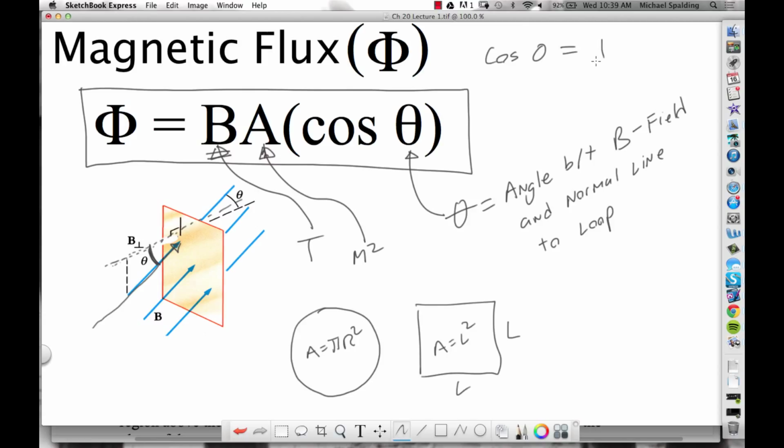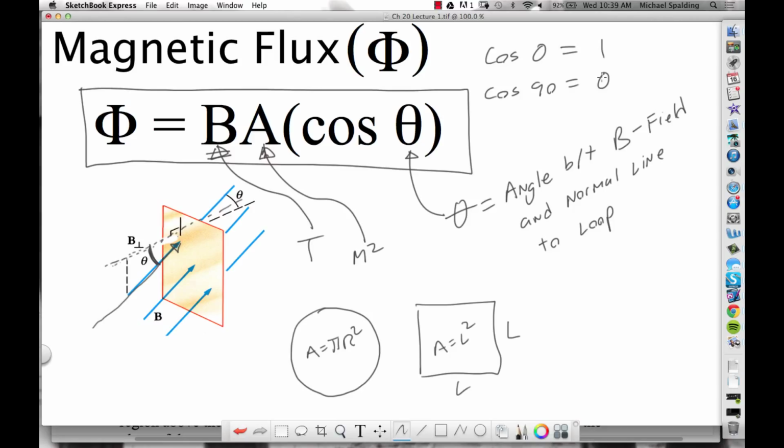And what's cosine of 90? 0. Let me write that down. Cosine of 90 is 0, and this would be 0 flux because why? Why does it make sense that this would be 0 flux? Because the magnetic field cannot get into the loop, right? It's going like this. It cannot enter the loop if it crosses it like that.